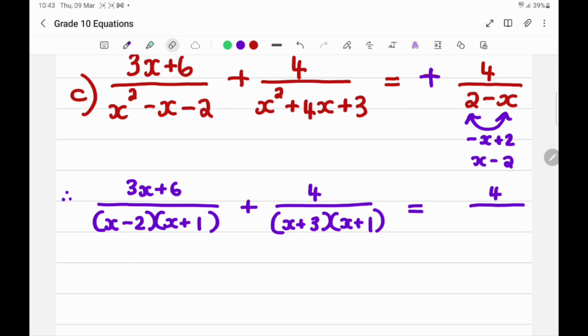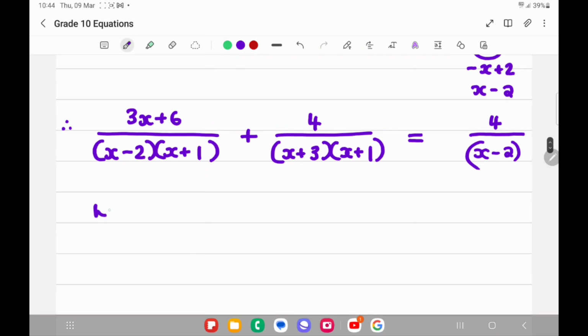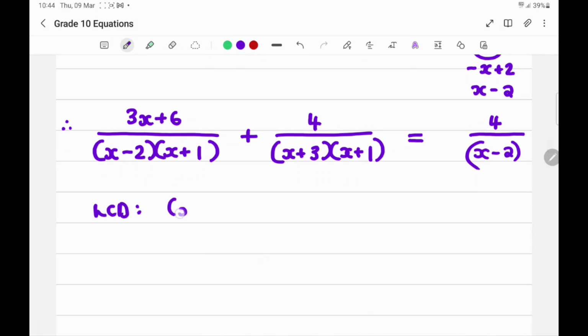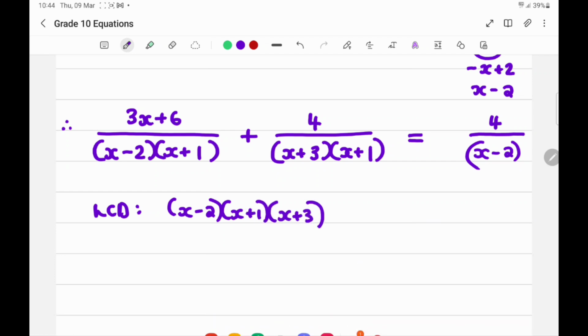So over here, if we make that a positive, we will be left with the x minus 2 at the bottom, which is wonderful because then it's one less thing to take out. Then our LCD would be an x minus 2 and an x plus 1 and an x plus 3. X plus 1 I already have, x minus 2 I already have. So this would be your LCD.